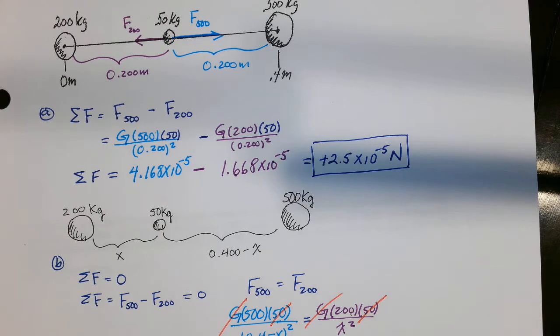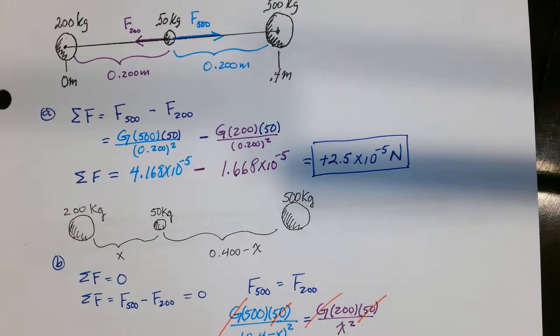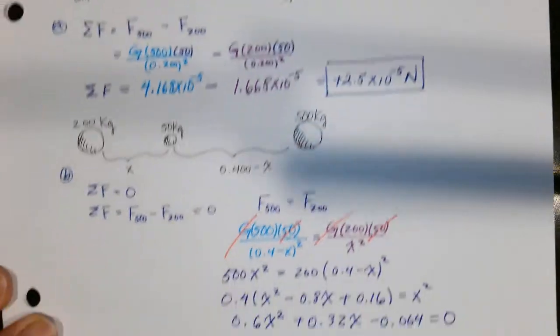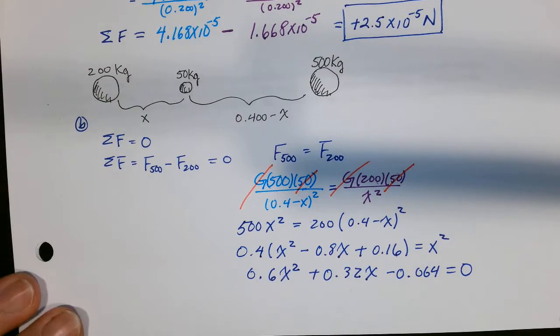And if you work this out, you're going to get 0.6x squared plus 0.32x minus 0.064 is equal to 0. Then, of course, you're going to have to use the quadratic formula for this.